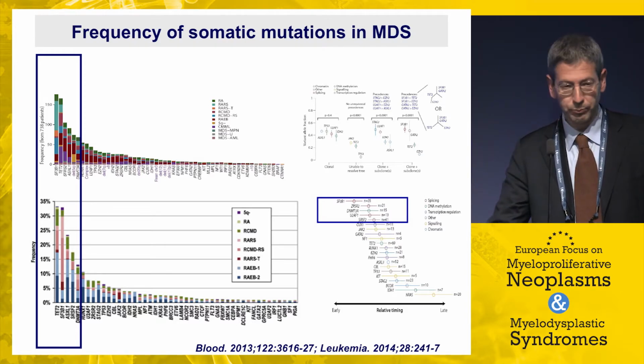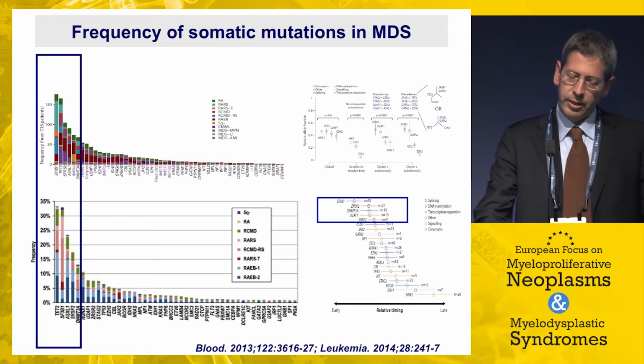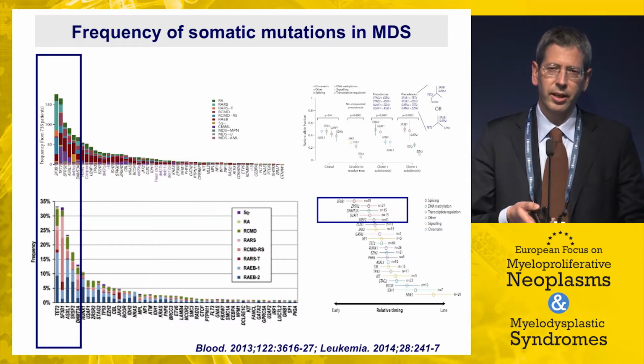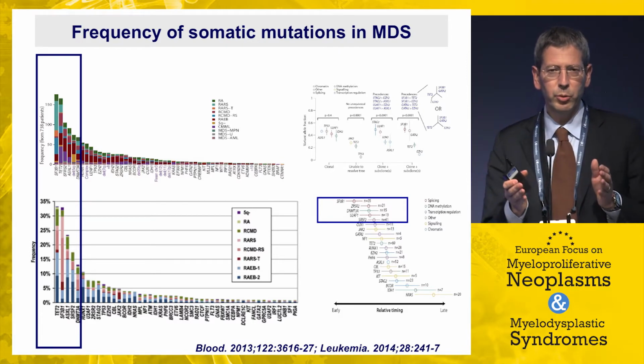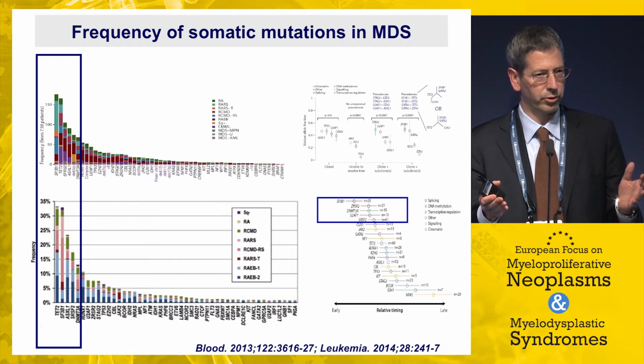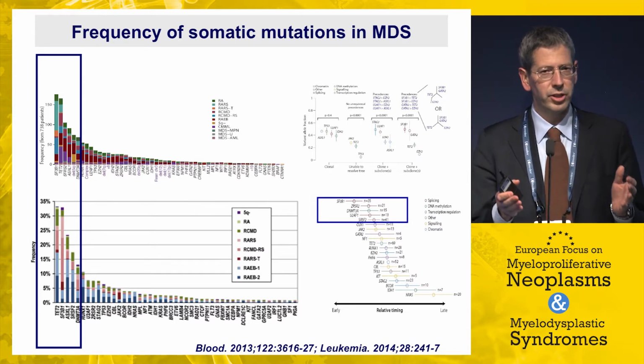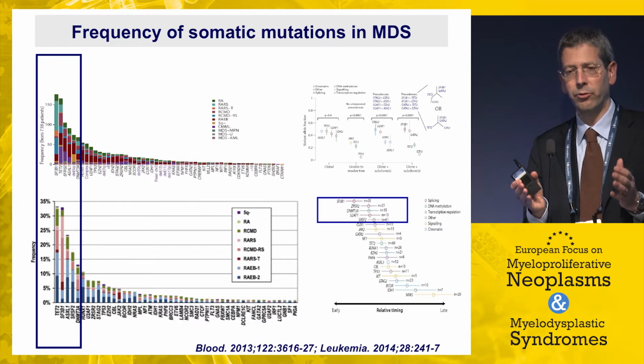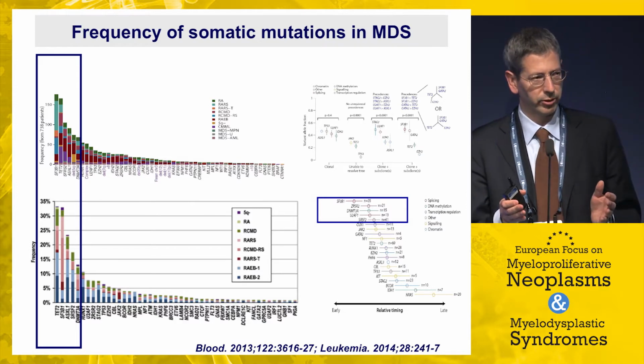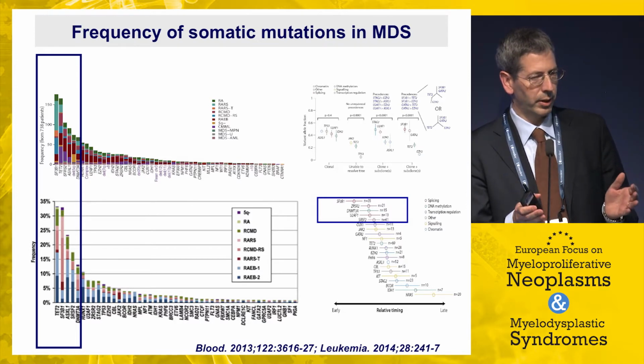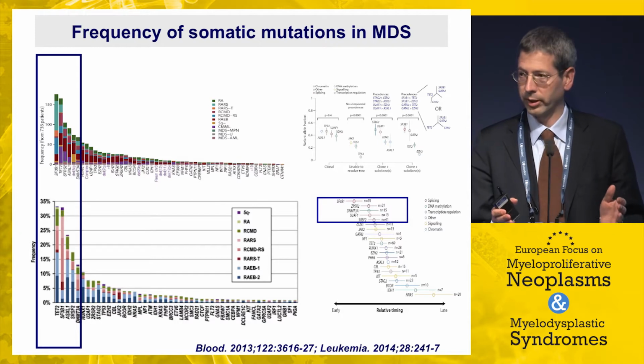But notably, only 5 to 6 genes are consistently mutated in a high fraction of patients. And these genes are mainly involved in two biological processes that are RNA splicing and epigenetic regulation.